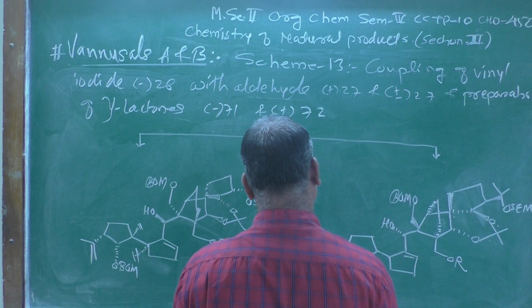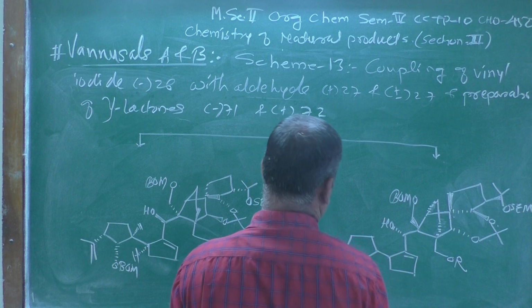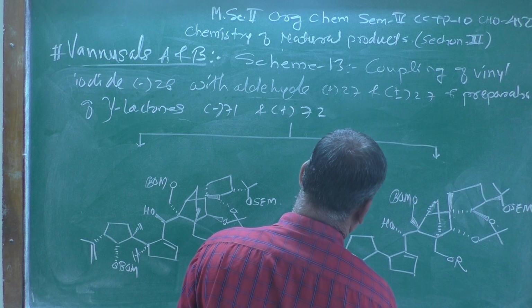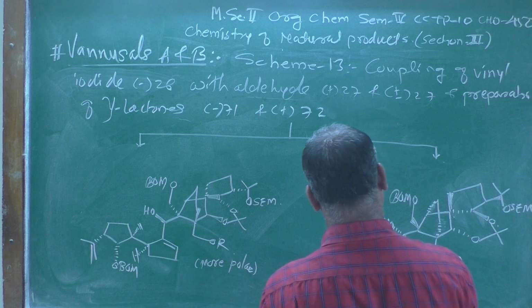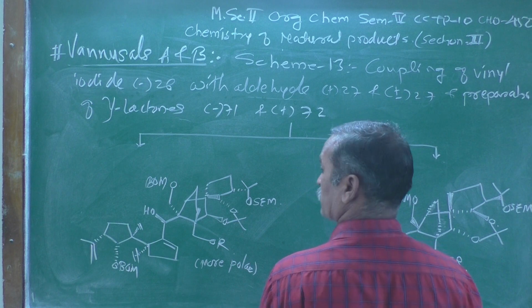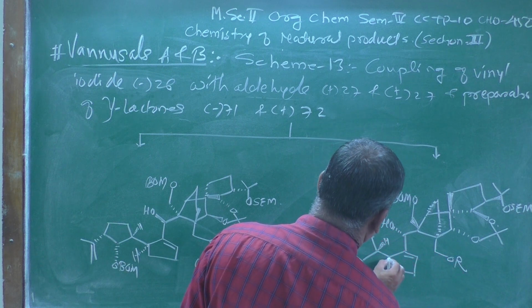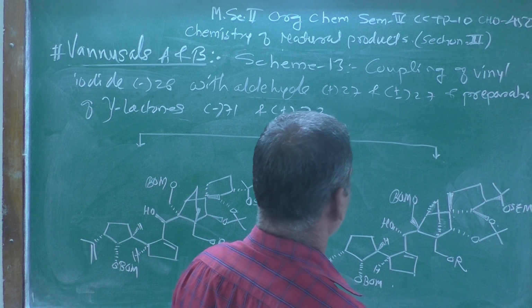The ring containing groups remain as they are, there is no change, the BOM remains as it is. This hydrogen atom also remains as it is, and this hydrogen atom also remains as it is.